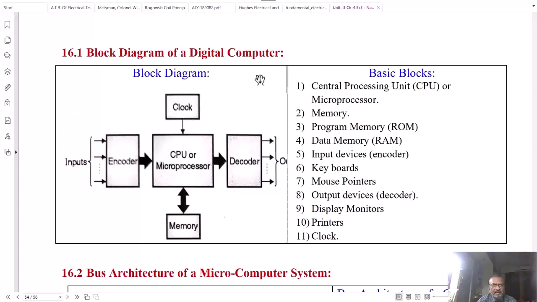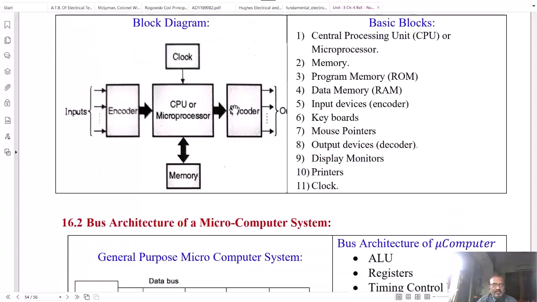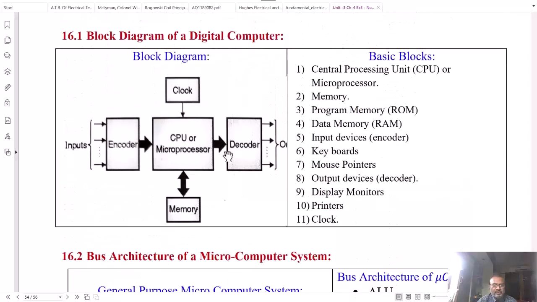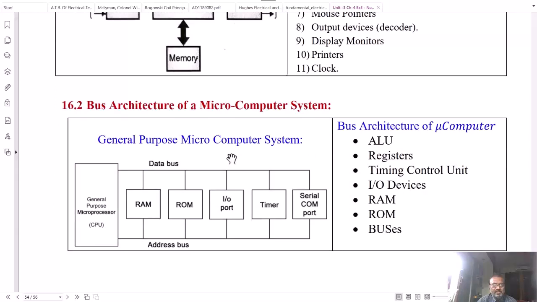We will see a more detailed construction of digital computer architecture in the next topic. So here we have just seen the overview. Let us see a more detailed architecture of a microcomputer system.